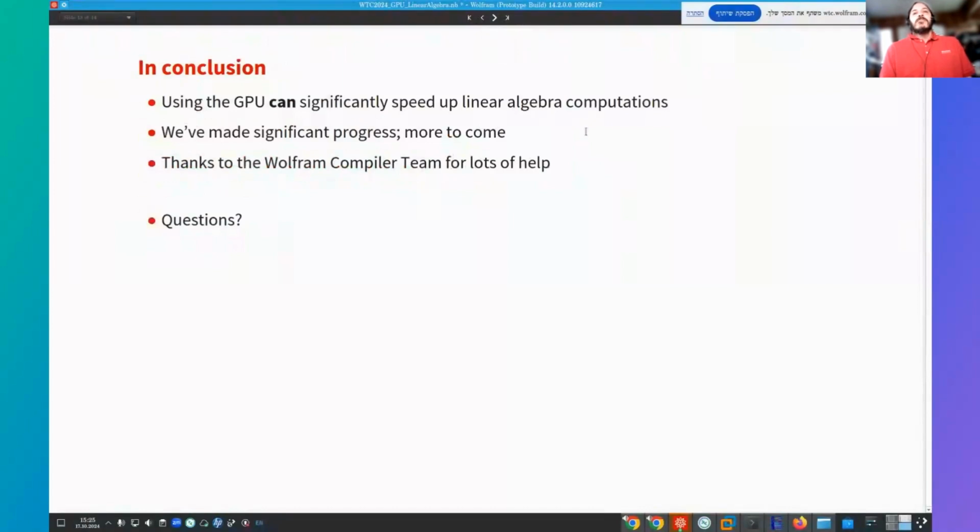Certainly our 6000 ADA should be supported, assuming you have an up-to-date CUDA toolkit installed. Then that should just work. I believe you need compute level 8, but don't quote me on that. That's several generations old.